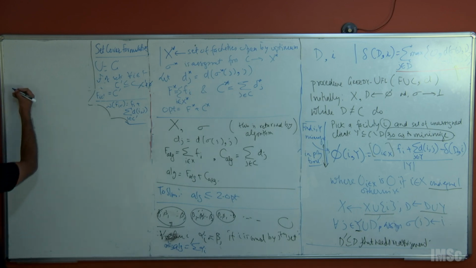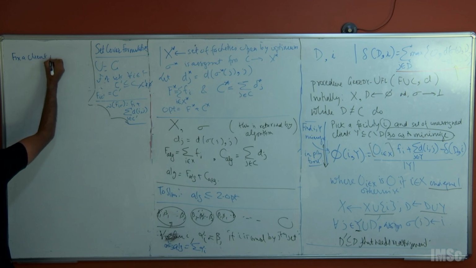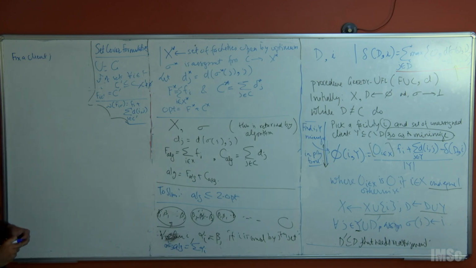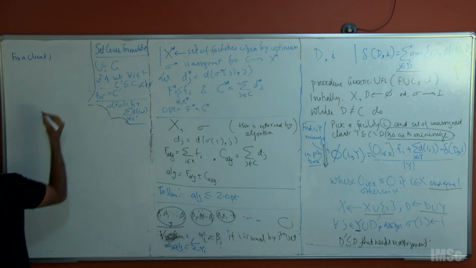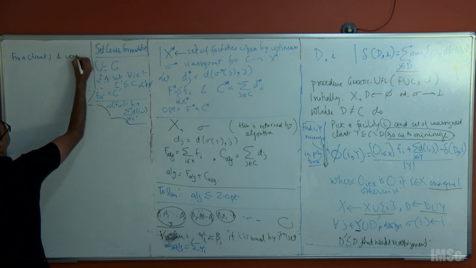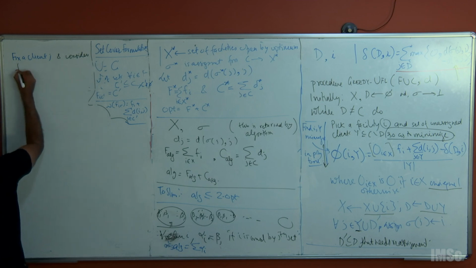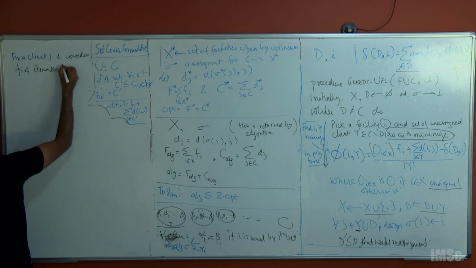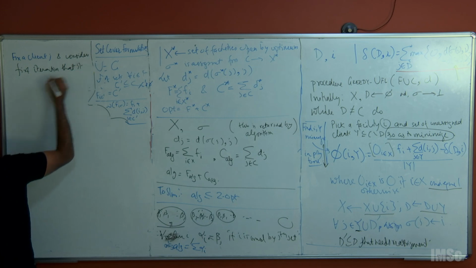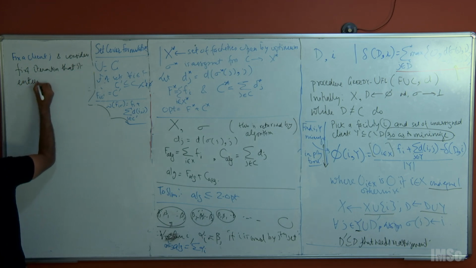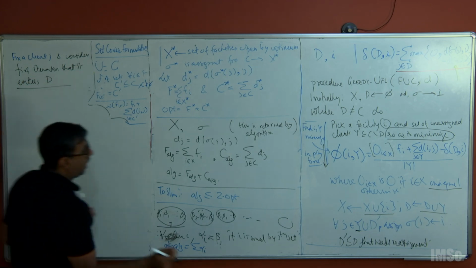Now we say, let's fix a client J and consider the first iteration that it enters T, right?